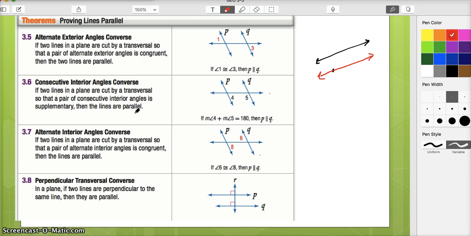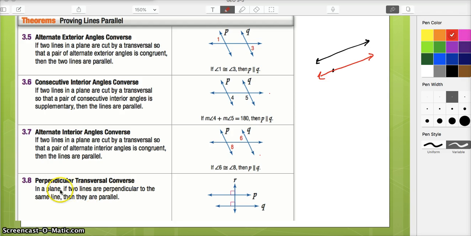Over here, the hypothesis is that if you have two random lines that are cut by a transversal so that the alternate interior angles are congruent, again, we've got parallel lines. So these three are direct converses of what we already know. Let's take a look at this one. This is also supposed to be a converse. In a plane, if two lines are perpendicular to the same line, then they are parallel.